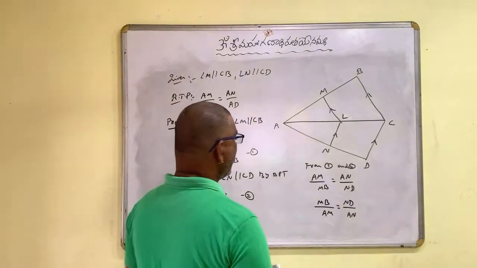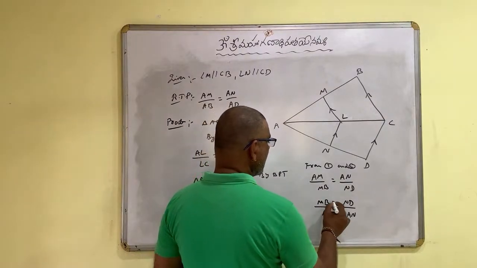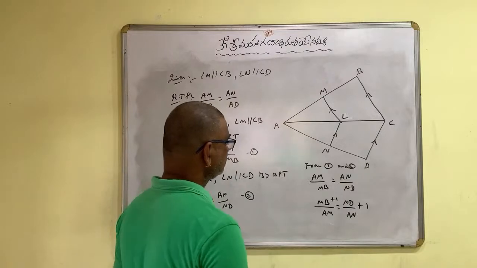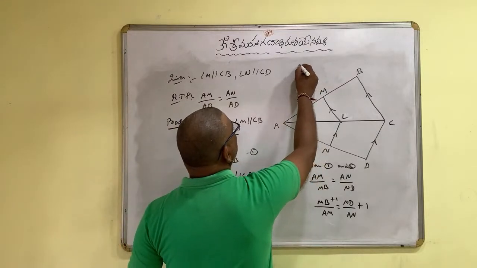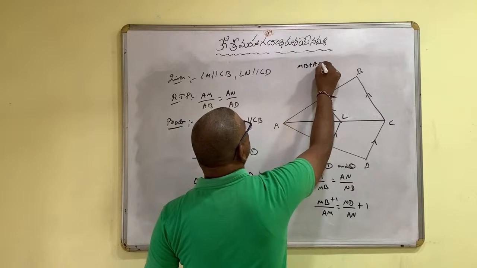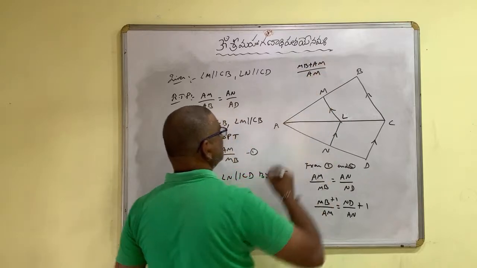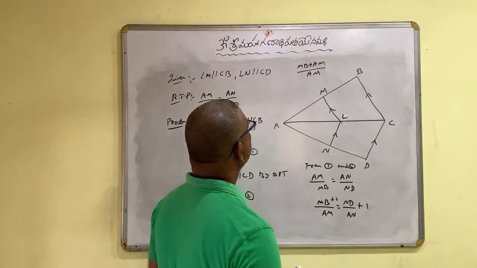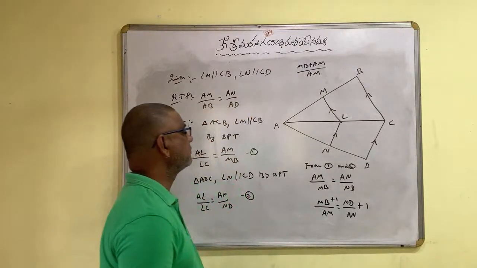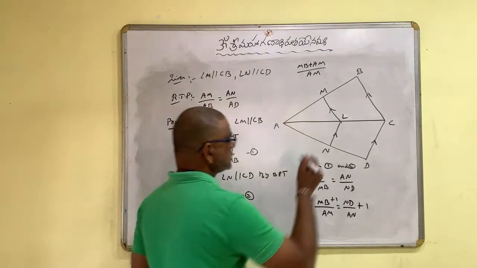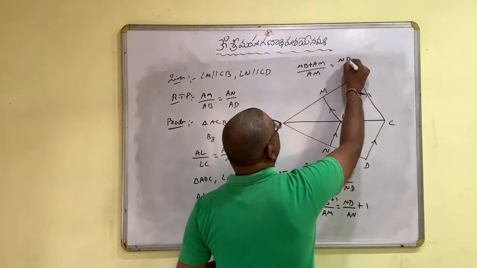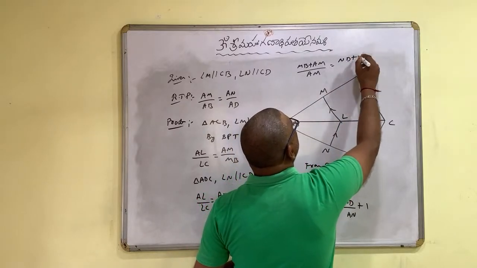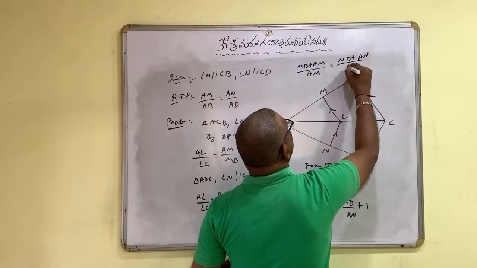Now, add 1 on both sides and take LCM. What you will get? MB plus AM by AM equals ND plus AN by AN.